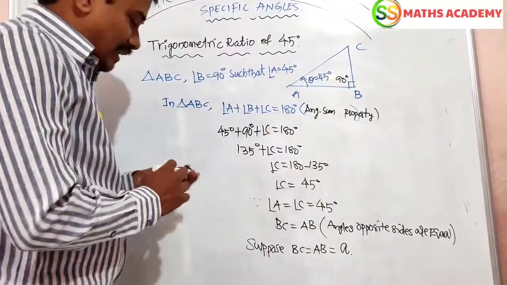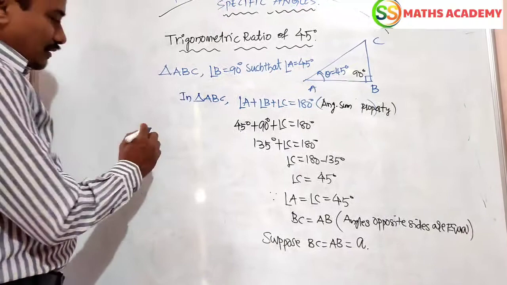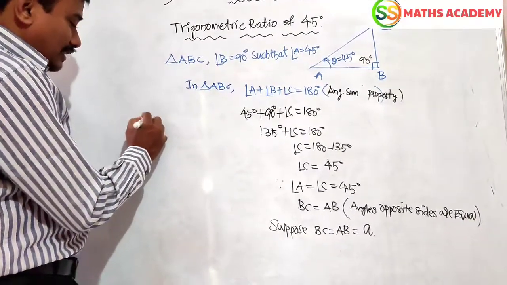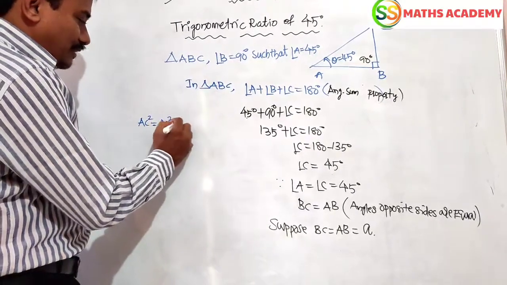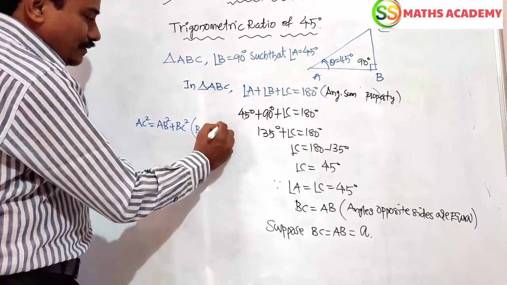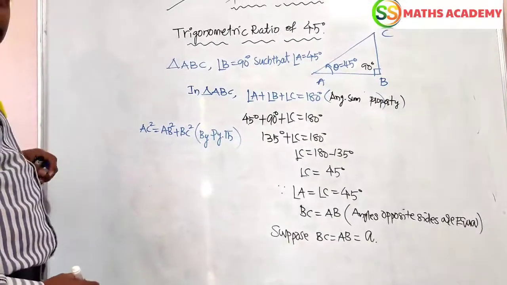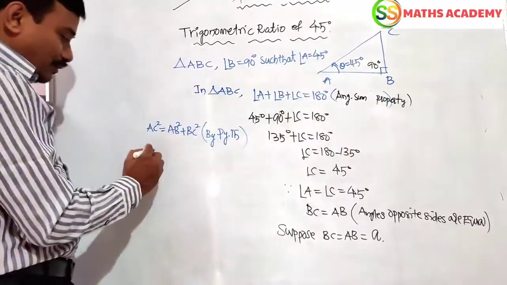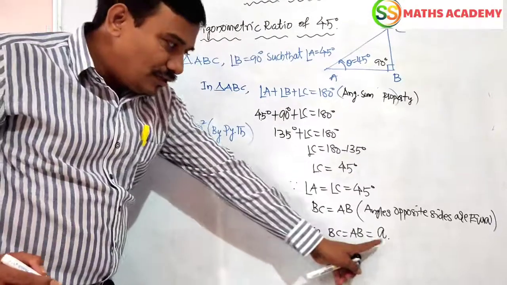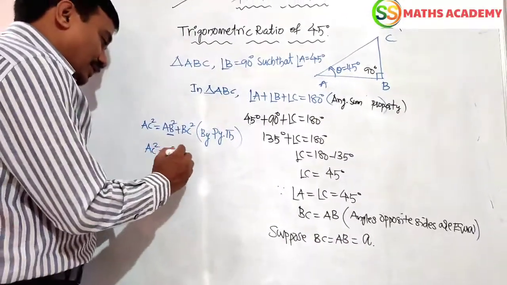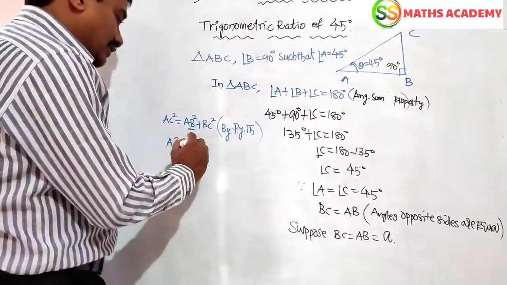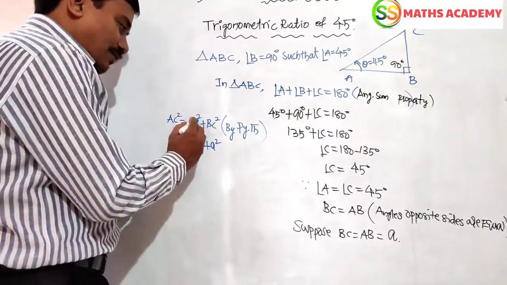Now let us come to the triangle. AC square equals AB square plus BC square by the Pythagoras theorem. AC value we don't know. AB value we have taken as a, plus BC value also a, with power 2.